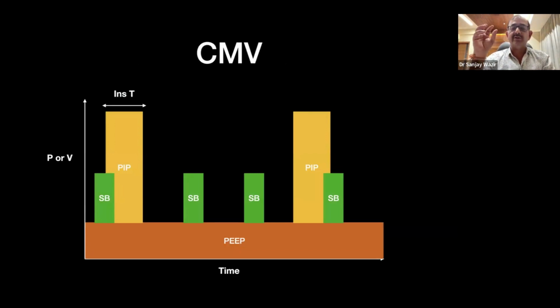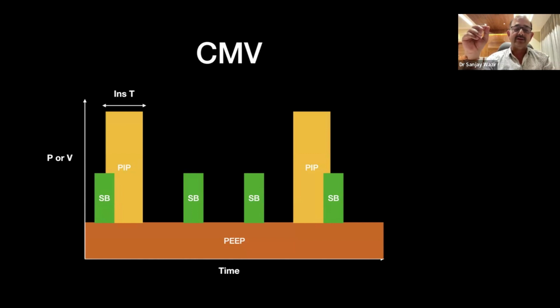But for the beginner, I need to explain what is a CMV breath, SIMV, assist control, and pressure support. Now, if you see, the green one is the spontaneous breath, and the yellow one is the breath from the ventilator.